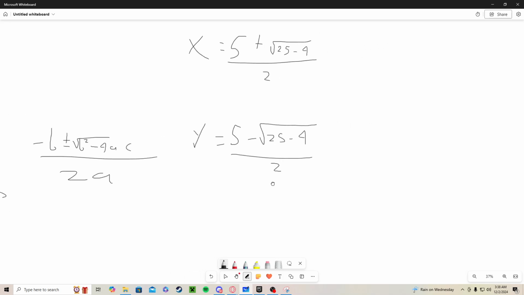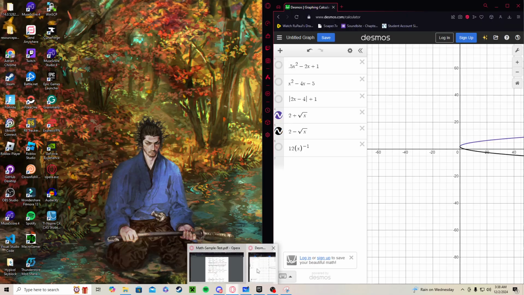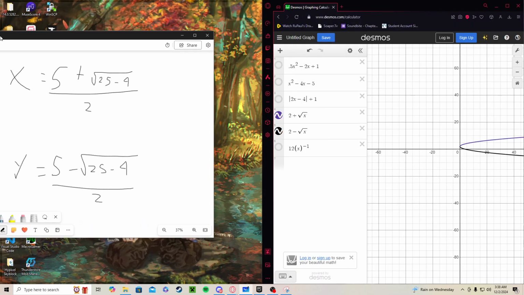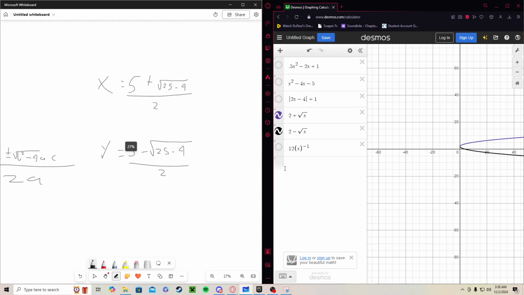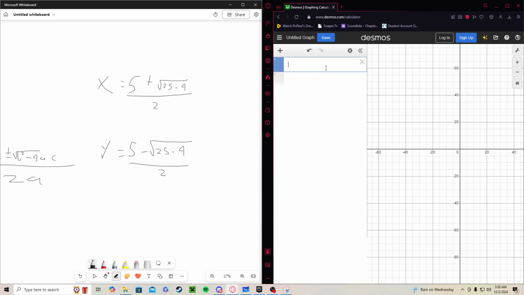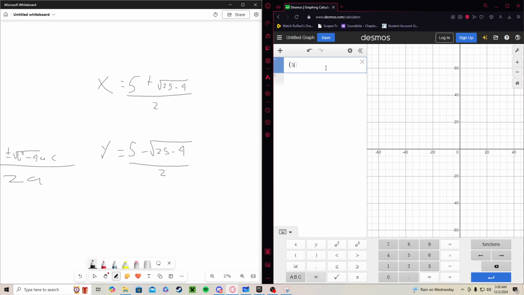So now if you put this into a calculator, let me pull up Desmos. I don't have the software of the Texas calculator, so Desmos will have to do. We can do 5 plus the square root of 25 minus 4, all over 2.